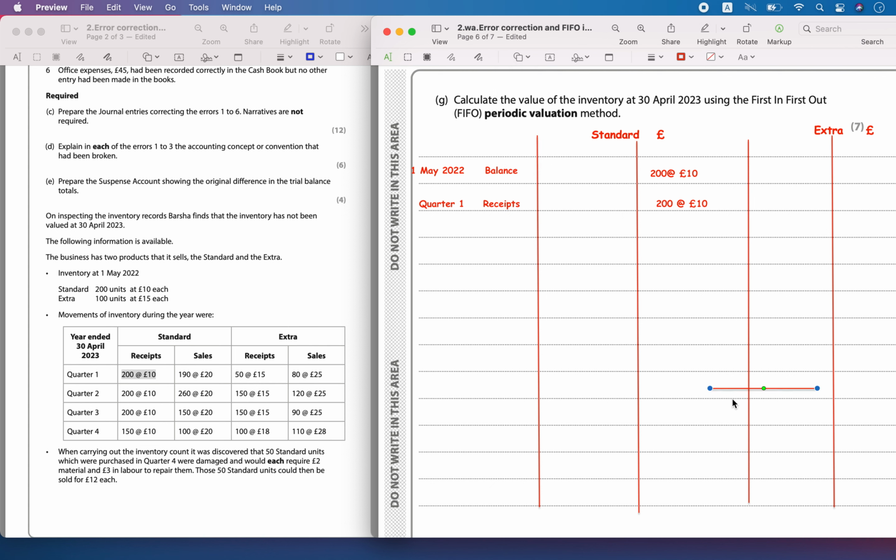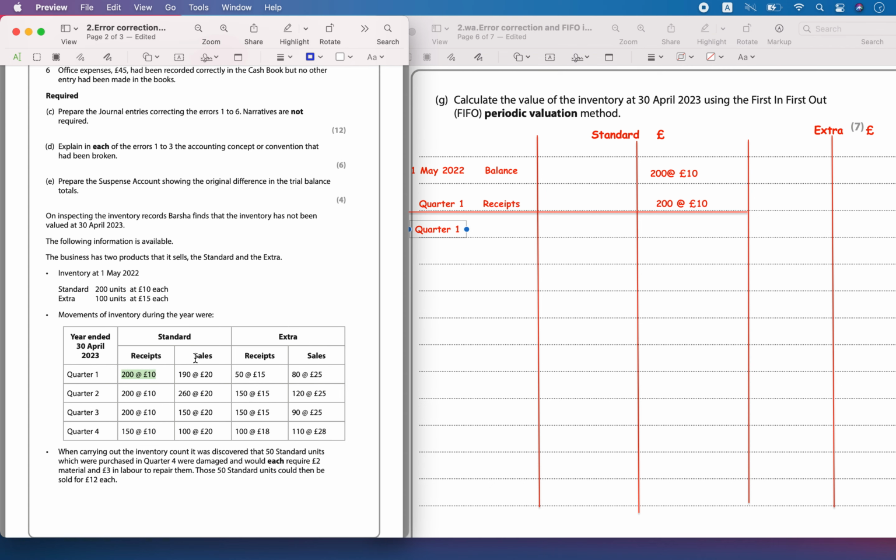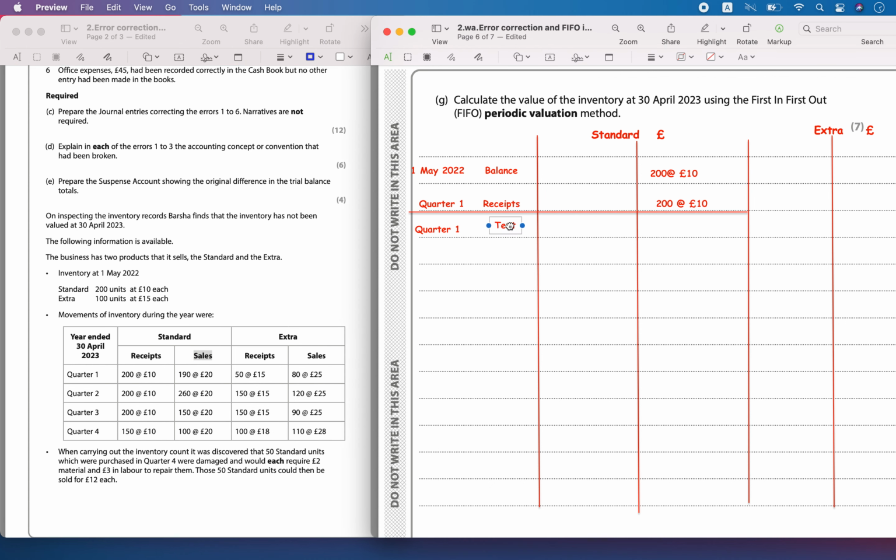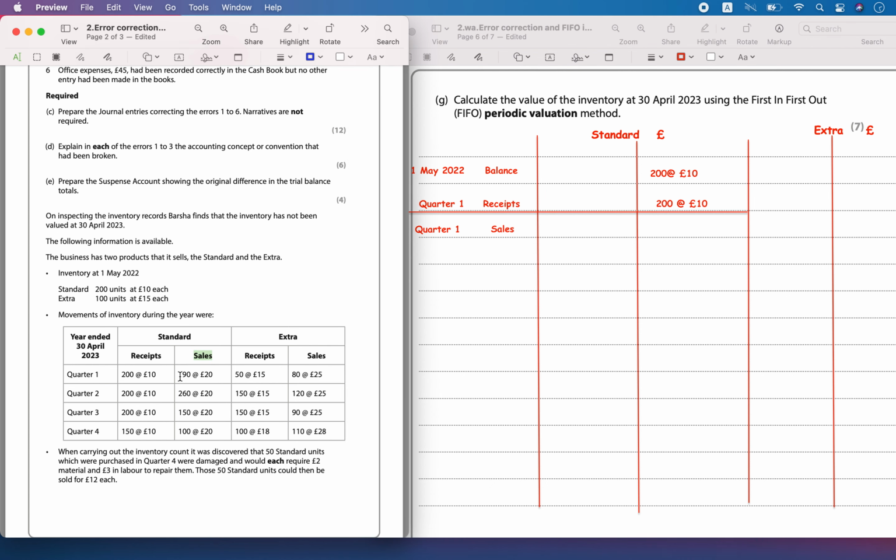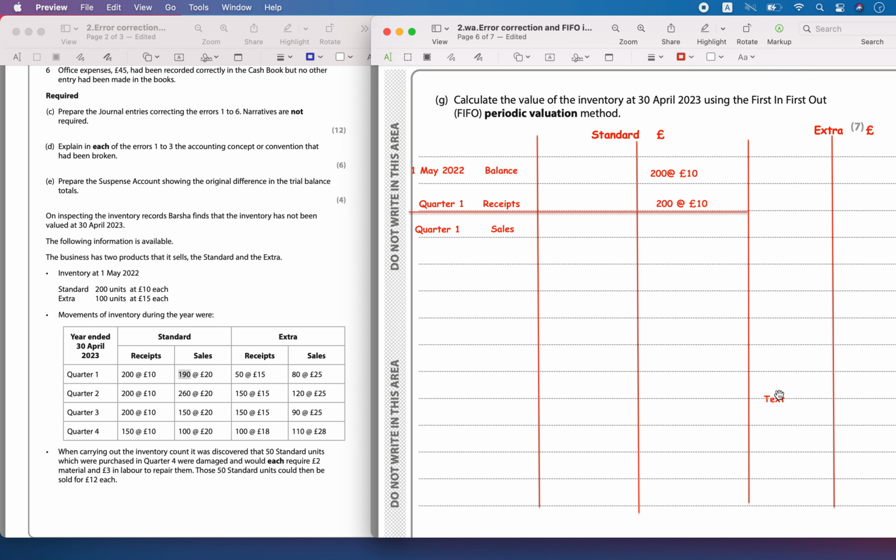Then the sales happened. In quarter 1 the sales units were around 190. Because we are using FIFO, the first in first out inventory method, I will issue the sales from the first inventory received.